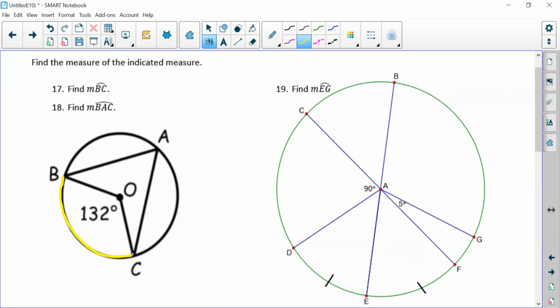But what we do know is that the measure of central angle BOC is 132. Okay. By definition, the measure of a central angle and its intersected arc are congruent. Hence, the measure of arc BC is also 132.